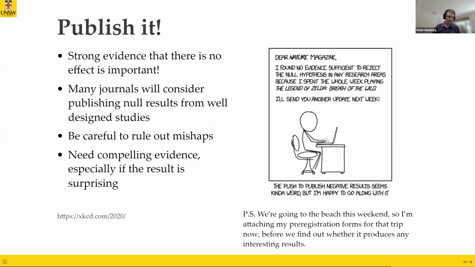And actually, if you come up with good evidence that there is no difference, you should be able to publish that just as well as you would have been able to publish a result if there was a clear difference. And many journals will accept papers that do just that.